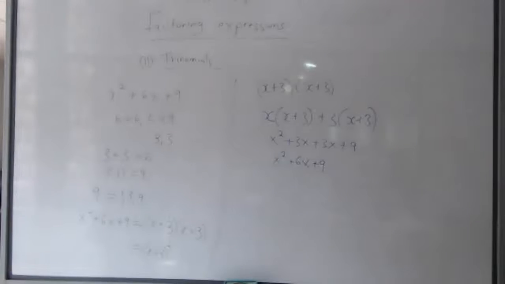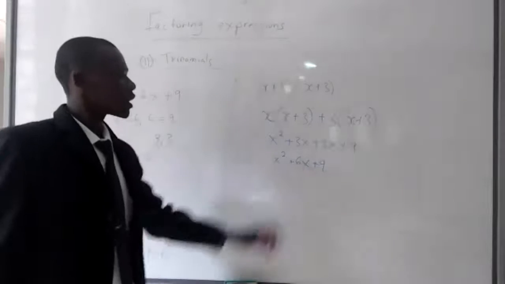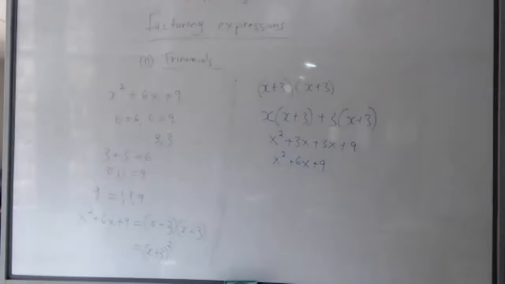I thought that because it was 2x, it would have been 6x squared. There are two 3x, so 3x plus 3x is 6x. So it's not 6x squared.